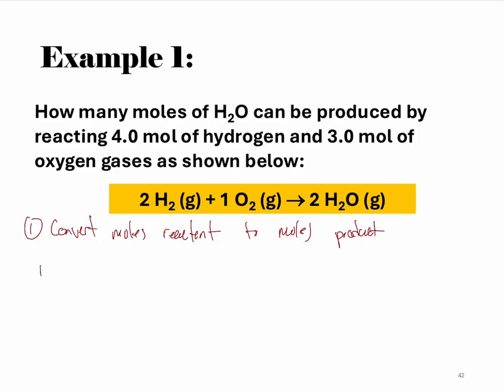All right, so let's look at hydrogen first. We have 4 moles of H2. How do we go from moles of reactant to moles of product? What do we use? Molar ratio. And what's the molar ratio here?